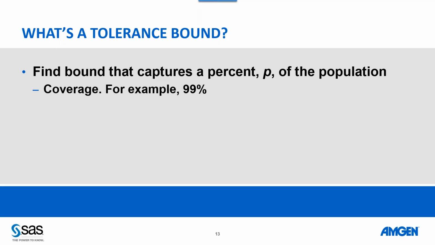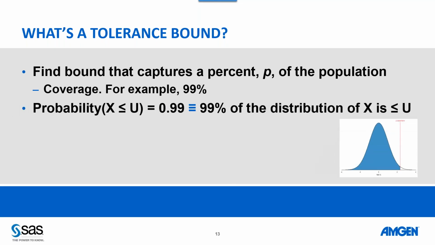If we use 99%, what we're saying is that the probability that a future observation will be less than that upper bound is equal to 0.99, or I can say the same thing as 99% of the distribution of X is less or equal to that upper bound. And below that, there is your normal distribution, and that shaded area is the area below 2.35 there, and that is a quantile that covers 99%.